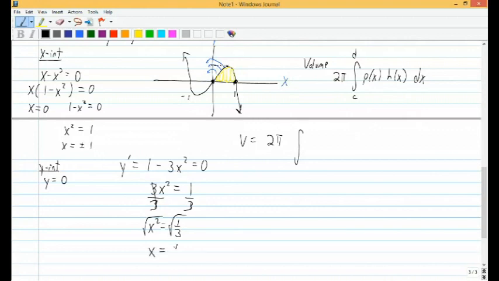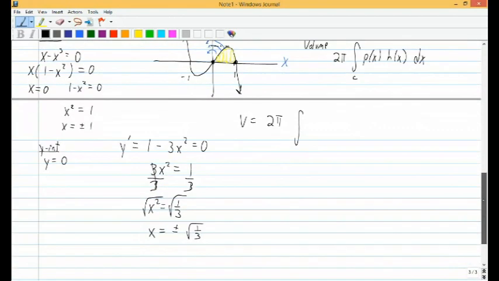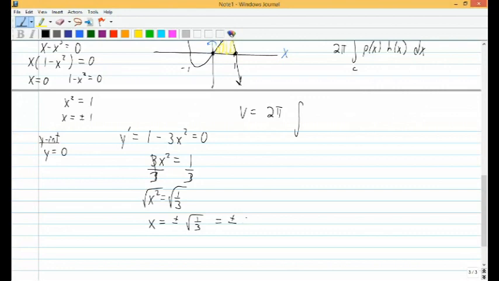So x equals plus or minus the square root of 1/3, which is plus or minus the square root of 1 over the square root of 3, which is plus or minus, rationalize, square root of 3 over 3. So what this tells you is you have a high point and a low point, more than likely. These are the two critical numbers, at positive square root of 3 over 3 on the x and negative square root of 3 over 3 on the x.